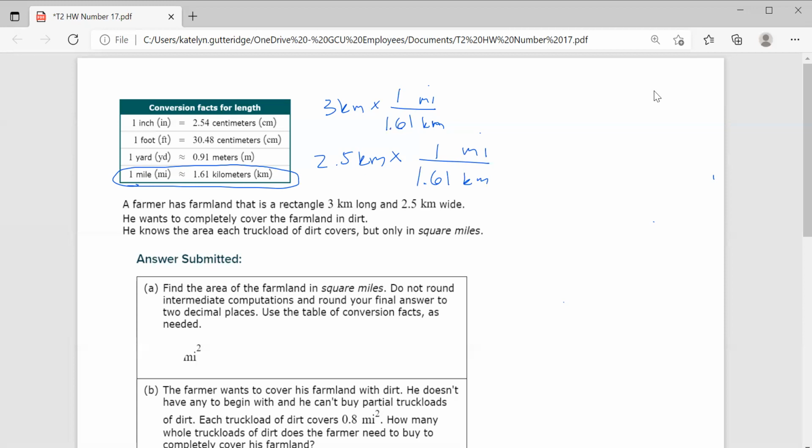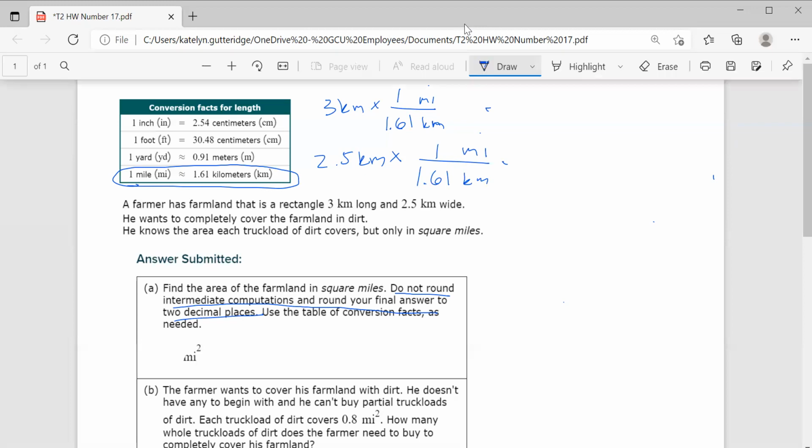But in part A, where it's asking us to calculate the square miles, it says not to round any intermediate computations and only round our final answer to 2 decimal places. So instead of plugging these into the calculator right now, we will plug them in later, and for now we'll just simplify our fraction and not round this number.